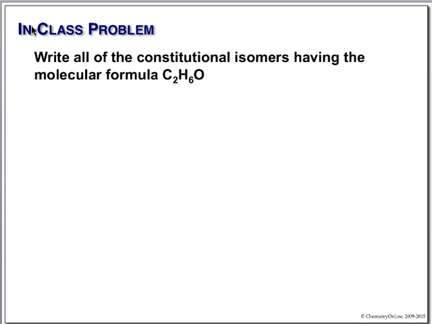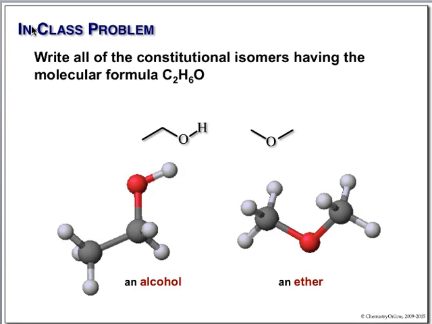First way to do it is just to take the 2 carbons, stick them together, and then put an OH. And the second way is to put the oxygen in the middle with a CH3 on both sides. Once again, this is an alcohol, and this is an ether.